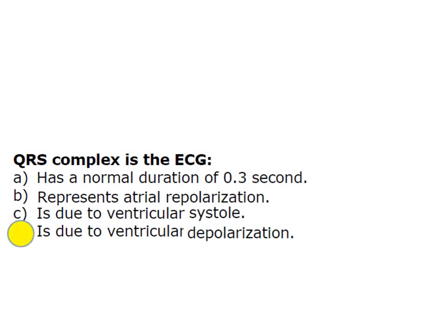The electrocardiogram records electrical activity, not mechanical activity. Ventricular systole means contraction, which is mechanical activity. The electrocardiogram records ventricular depolarization, which is electrical activity, not the systole, which is mechanical activity.